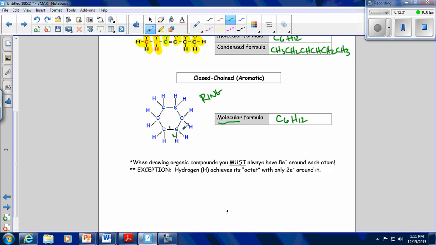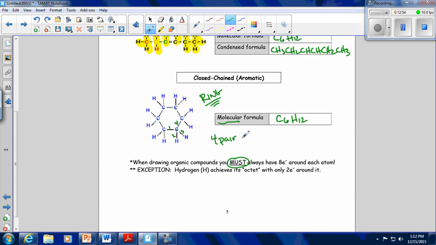That's important when you're drawing out these rings, aromatics. Now, when drawing organic compounds, you must always have the 8 electrons around each atom. Right? We've got the 4 pair here, which equates to 8 electrons. So that's perfect.